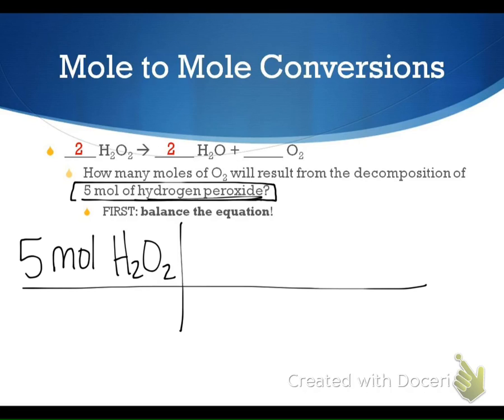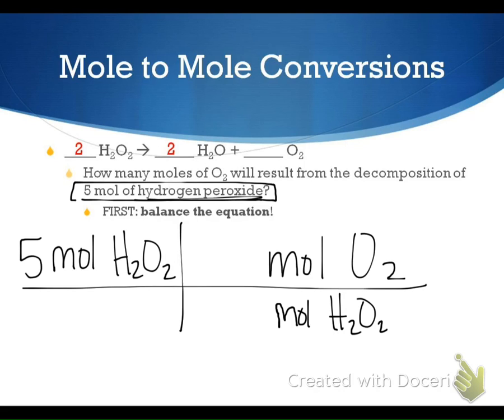Listen. If I want to get rid of moles of hydrogen peroxide, where do I put it? On the bottom. So moles of H2O2. And then I want to go to what? Moles of O2. Now this step right here, we have to look at our mole ratio. Tell me from the chemical equation, what's our coefficient for the oxygen? 1.